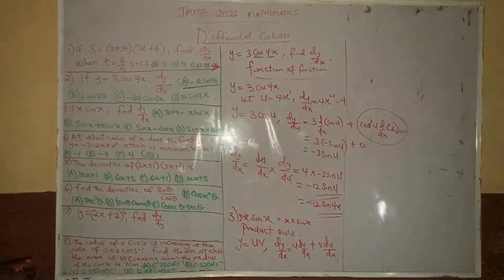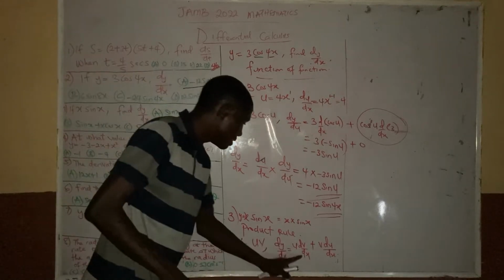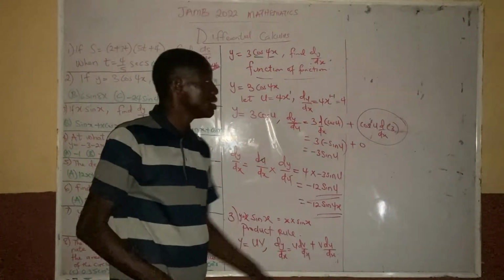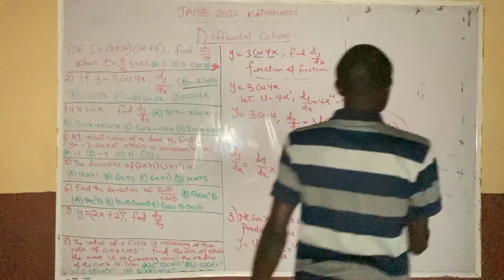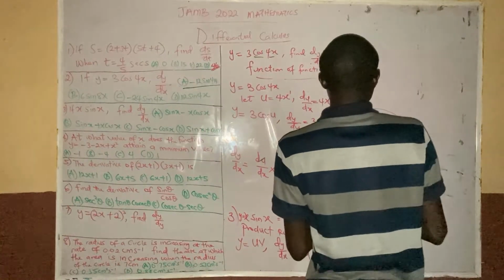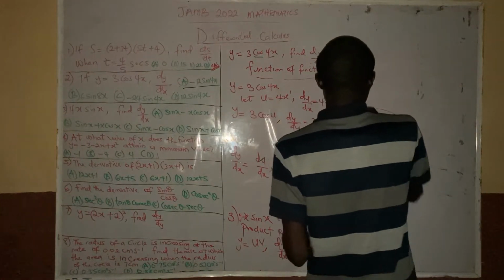So that's that about the product rule. That is u dv/dx plus v du/dx. So let me clear this one.